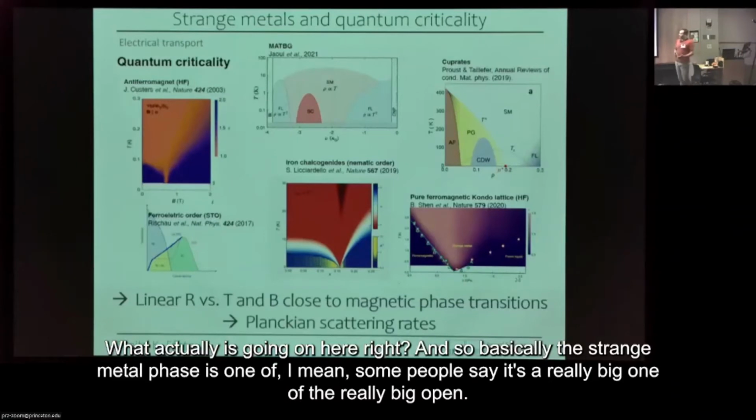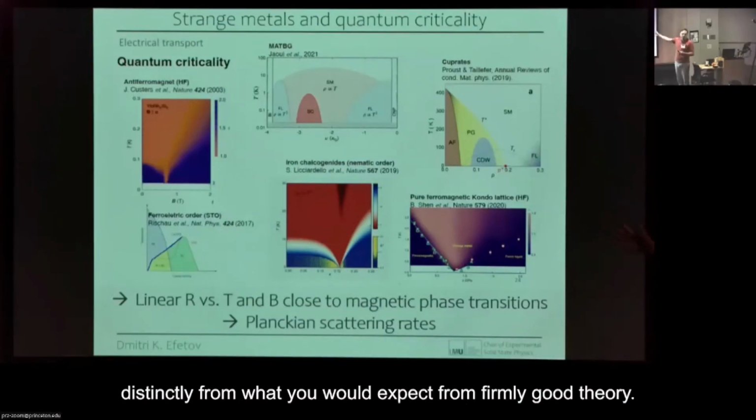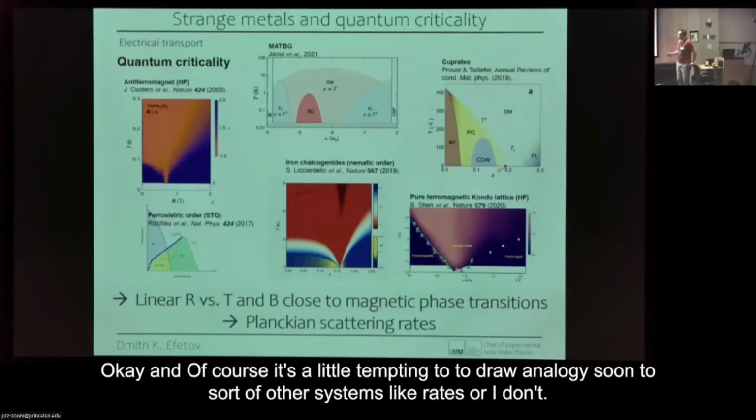In principle, it's a metallic state which people observe in many correlated systems, which behaves very distinctly from what you would expect from Fermi liquid theory. It's tempting to draw analogies to other systems like the cuprates or quantum lattice systems, iron chalcogenides.